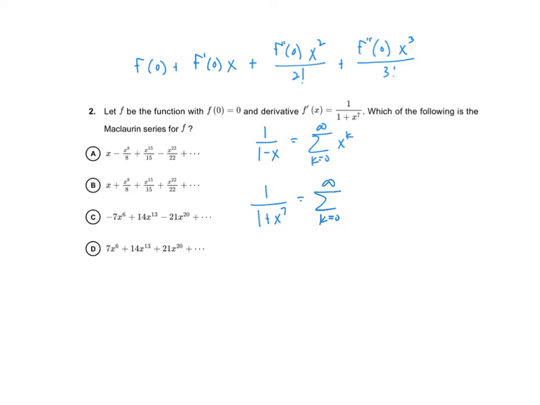And you'll end up getting negative 1 to the k times x to the 7th to the k, which is really x to the 7k. Wait, is that right? Yeah, okay.